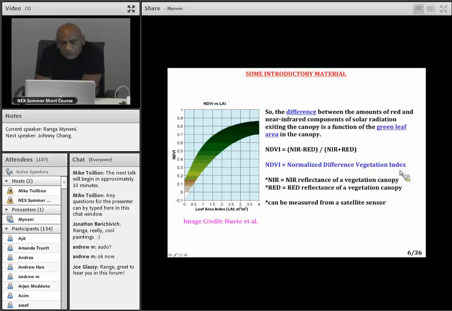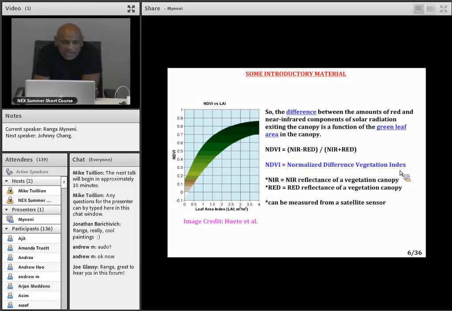And to the best of my recollection, I think that this index was first, perhaps I noticed it in a paper by Deering and Park. I don't recall the year, but it should be early 80s or so. And NDVI, as you can see from this formulation, is a number that is between -1 and +1.